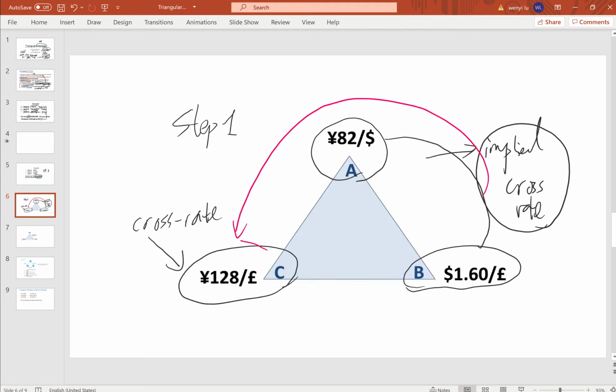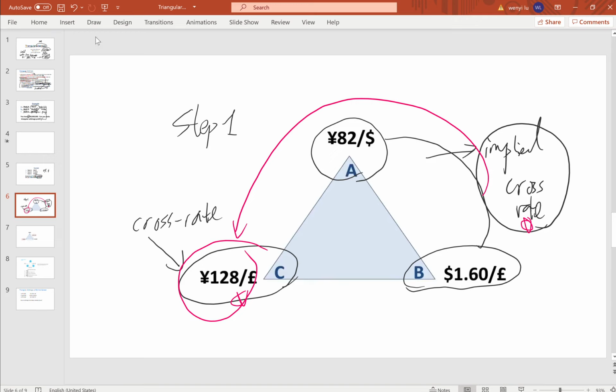If these two rates are not exactly the same, if there is some discrepancy, then we have a triangular arbitrage feasible to get profits. So the most important step to solve this type of question is to get the implied cross rate.